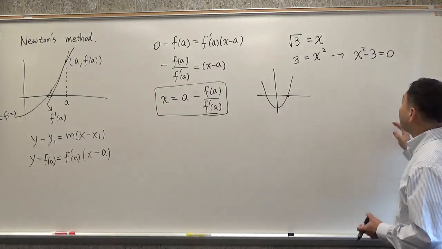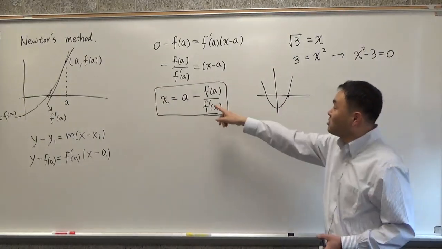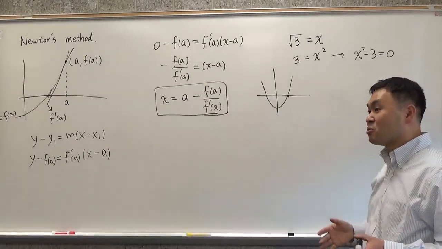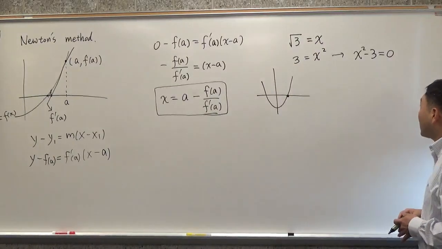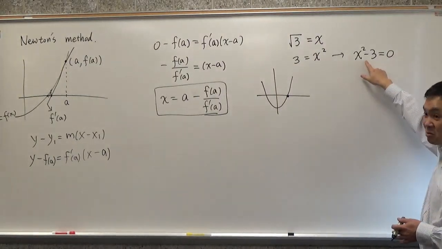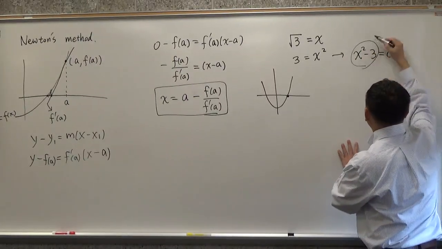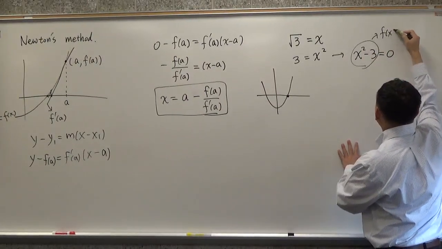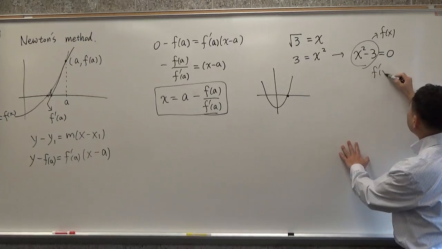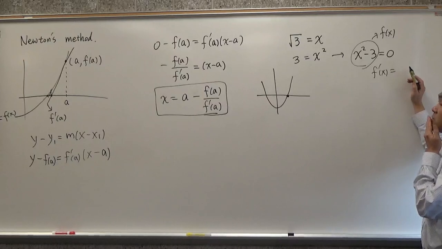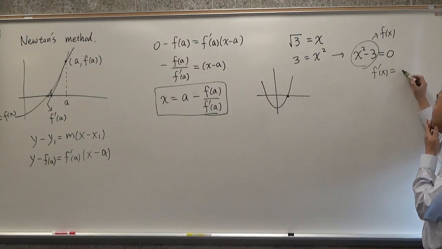Now, while I could already just use this formula, I'm going to make it a little bit easier to solve by doing some more calculation beforehand. So this is going to be our f of x. What's f prime of x then? 2x, right?